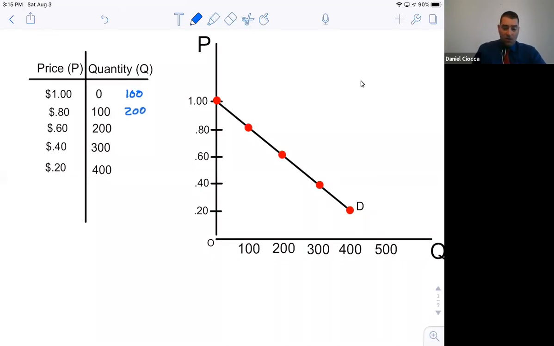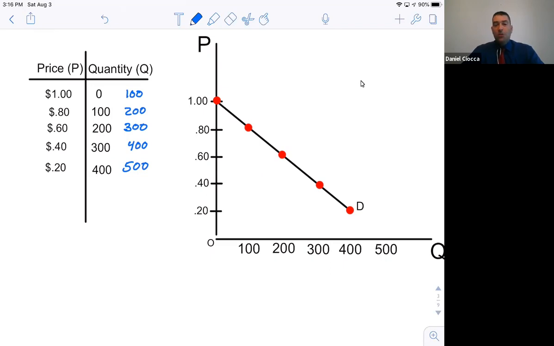At 60 cents, instead of 200, quantity demanded is now 300. Instead of 300 at 40 cents, maybe it's 400, and 500 at 20 cents. All because instead of Mr. Sioka being the auctioneer, it ended up being a famous celebrity.